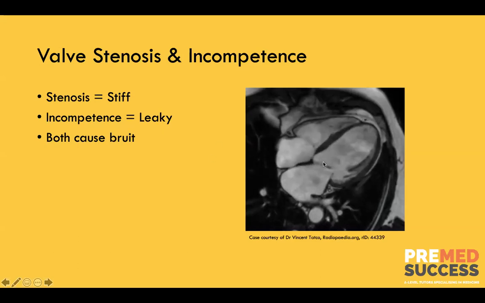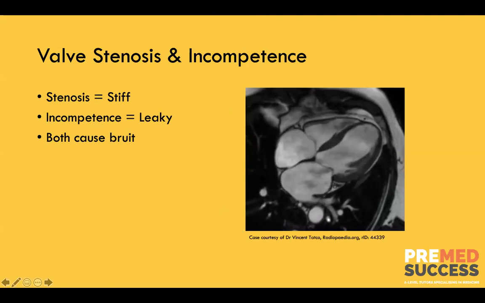The valve is leaky. And now, of course, the final thing that we have to work out is which valve is incompetent. So again, I have a poll. Which of those four valves, the tricuspid, the mitral, the aortic, or the pulmonary, do we think is incompetent?